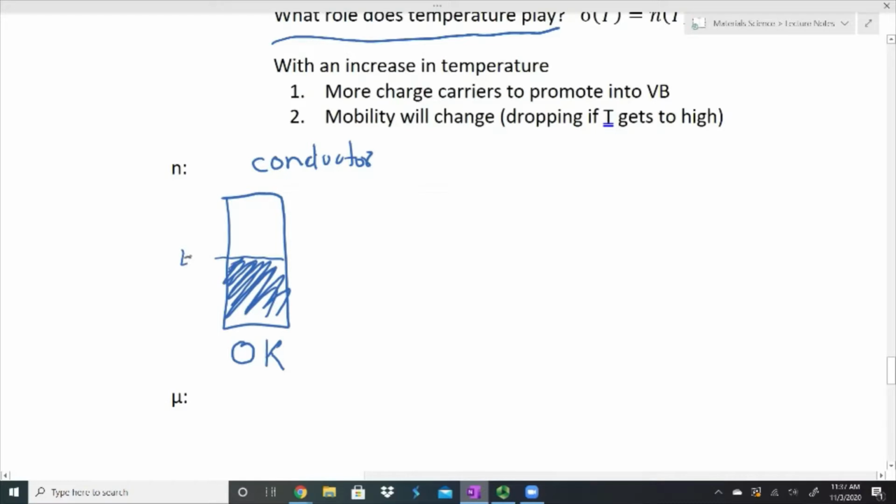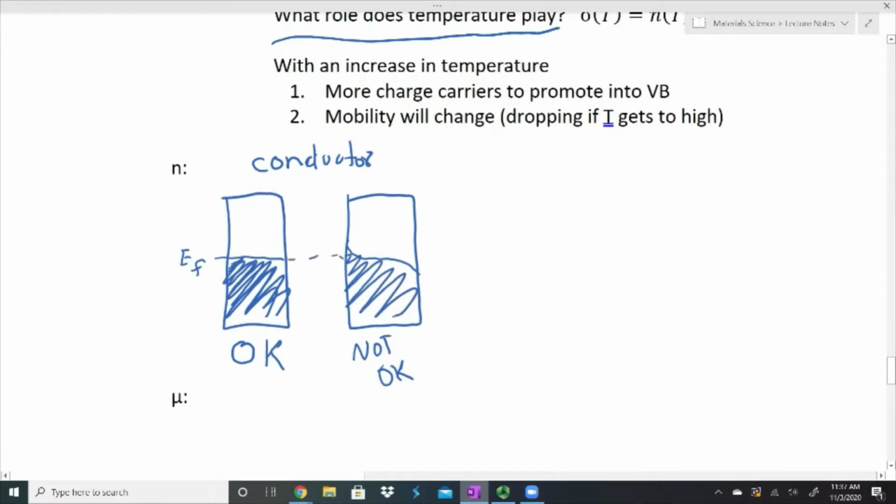Everything is below my Fermi energy. What if I'm not at 0 Kelvin? I do get some promotion. I have some charge carriers that have been promoted. So what happens? The higher the temperature, the more charge carriers that I have that can be promoted, the more conduction I can have into the conduction band.